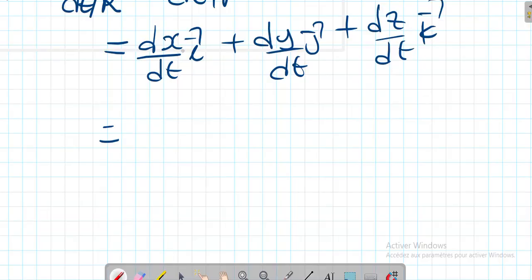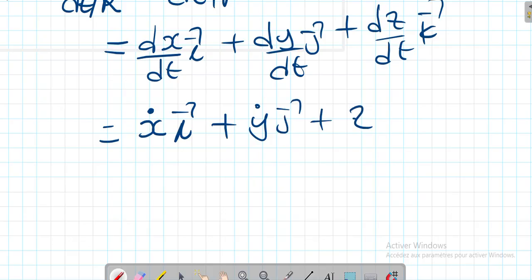So the derivative of x with respect to time, there's a special notation: x point. We say x point in French, E direction, plus y point, G direction, plus z point, K direction. Then you found your velocity, or vitesse, of the point M in R.